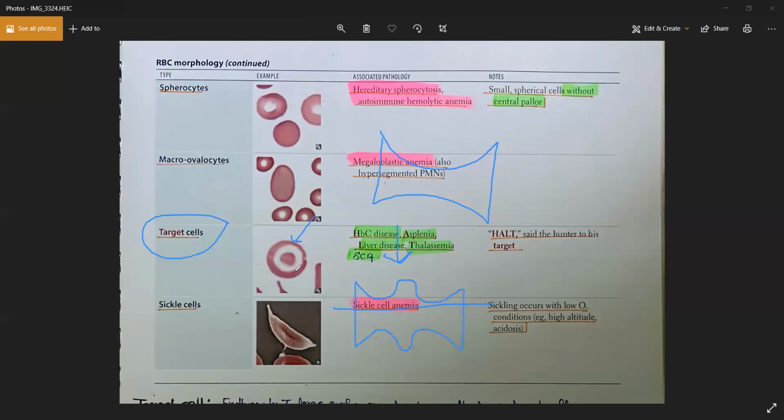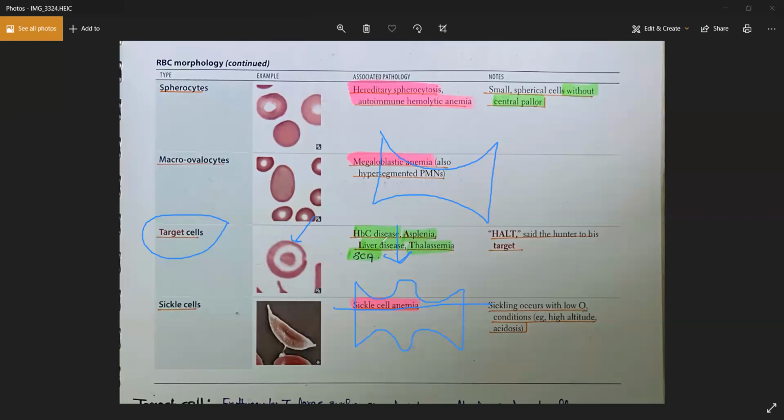Okay, in case of any liver disease and in case of asplenia, you guys know that the macrophages are involved in something known as splenic conditioning. Remember, in splenic conditioning the macrophages eat up the membrane of the RBC, so this will decrease the surface area of the RBCs, and as a result you will have these biconcave cells, right?